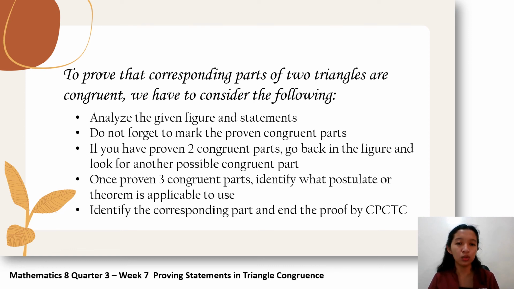If you have proven two congruent parts, go back to the figure and look for another possible congruent part. Number four, once you have proven three congruent parts, identify what postulate or theorem is applicable. And last, identify the corresponding part and end the proof by CPCTC. Always remember this because you are going to use it when proving triangle congruence.